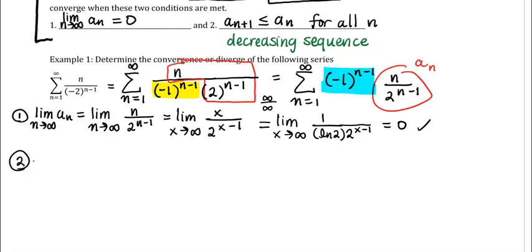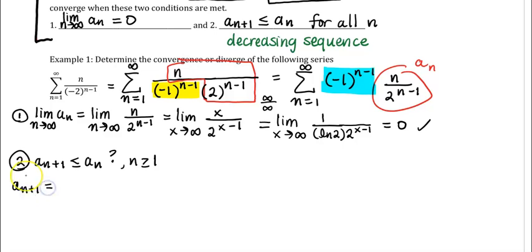Let's go check the second condition. I want to know, is it true that a sub n plus 1 is less than or equal to a sub n? We're checking this for all n. And our series starts at 1, so all n is n values that are greater than or equal to 1. So first, let's talk about, well, what is a sub n plus 1?